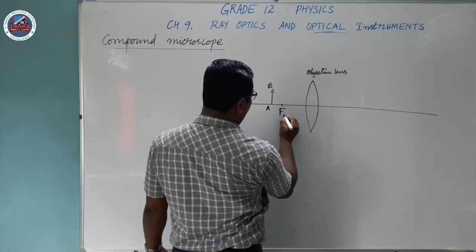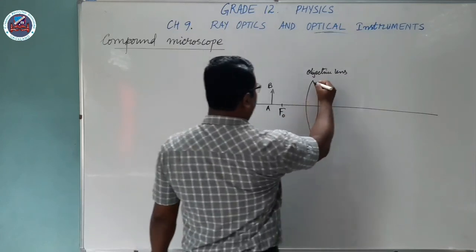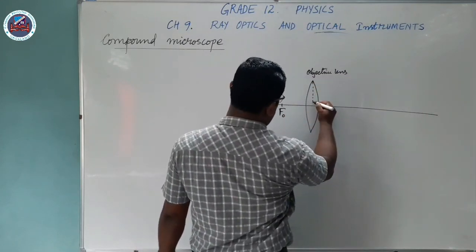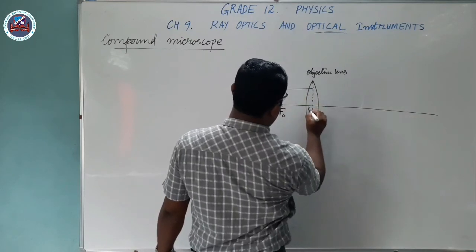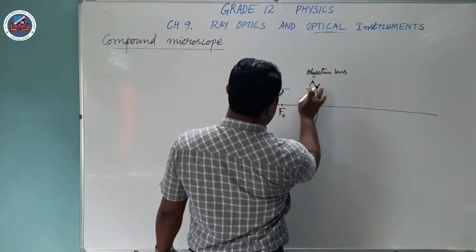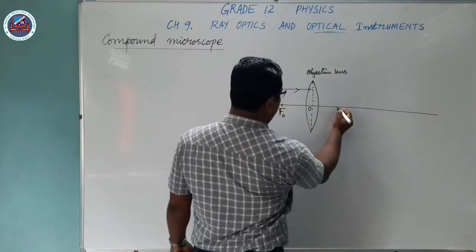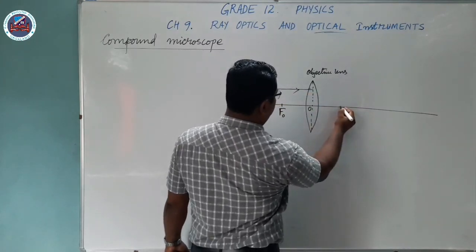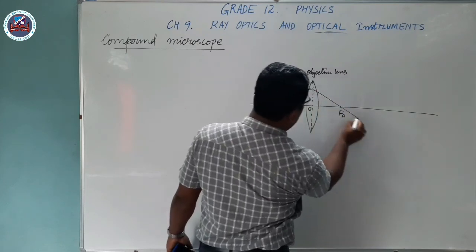I'm writing principal focus of the objective lens, capital FO I am using. The ray that will pass through the lens parallel, it will pass through the principal focus of the objective lens FO. It will pass like this.